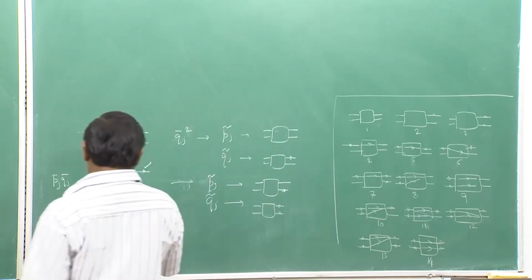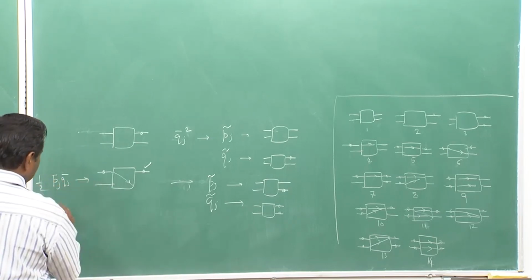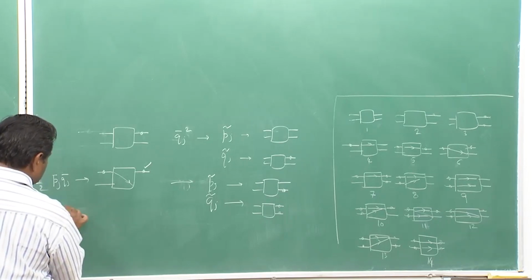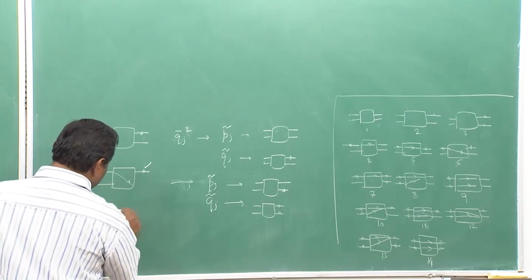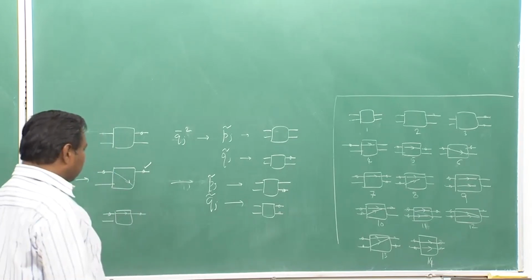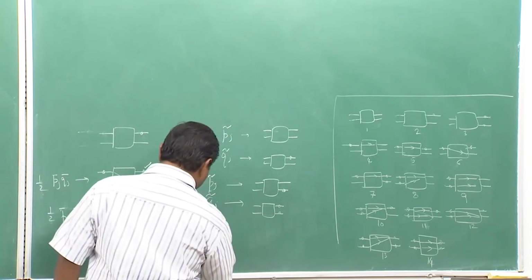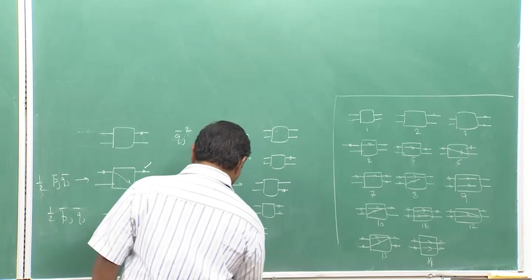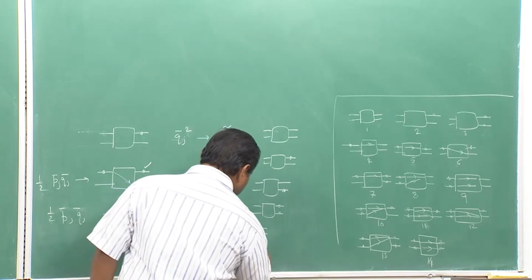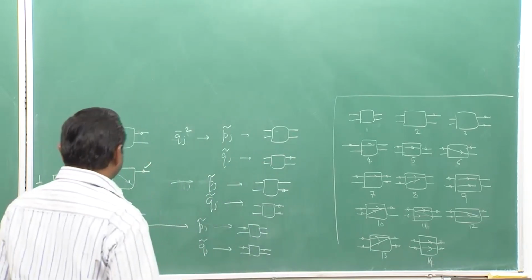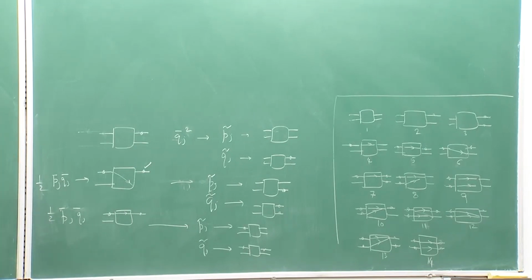With this half this will be happening, and with half of Pj Qj bar you might have a packet directed towards the packet which is already there. Now this also has 2 possibilities. If the packet goes out you will have this situation, if the packet does not go out you will have this situation.